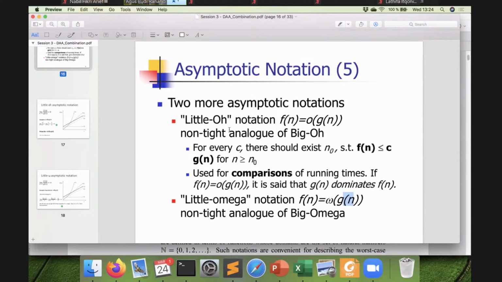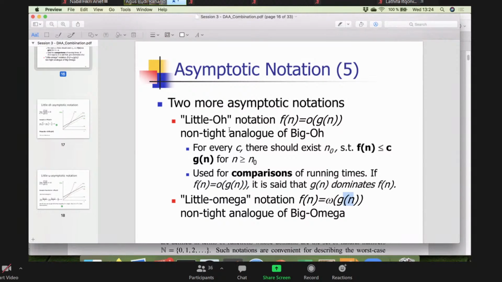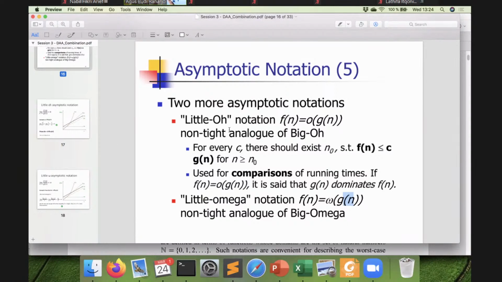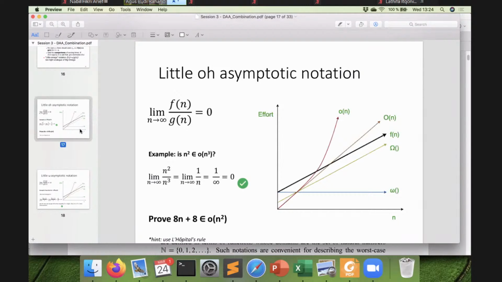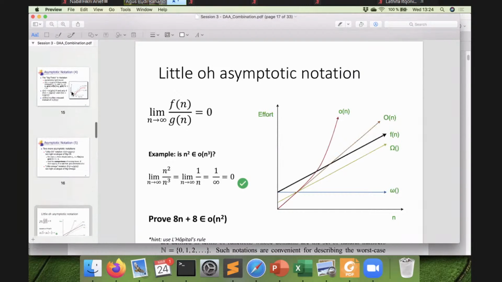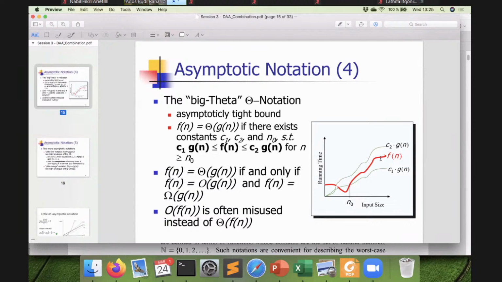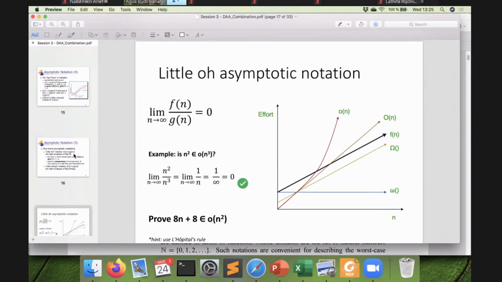But in little omega, it gives a wider distance in the lower bound. Is there any little theta? No. Why? Because little theta is obviously within this one, and this is the definition of big theta. So we don't need to explain it again.